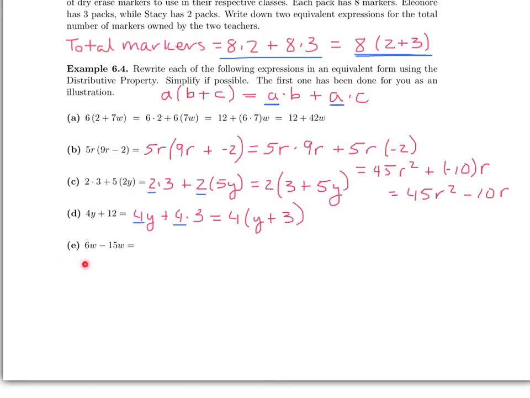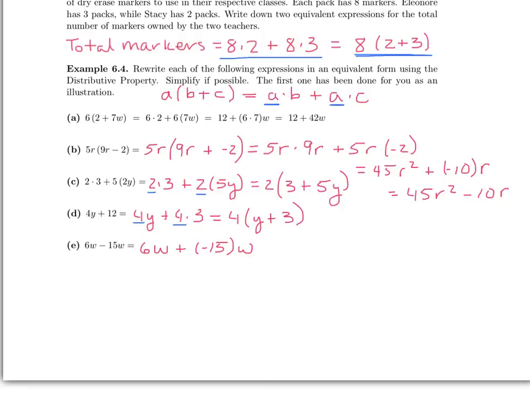Now let's look at part E. Again, this quantity is written in this form. Notice also that there is subtraction instead of addition. So let's take the initial step of rewriting this as addition. Okay. Now, the next step is to identify a factor that's common to both.